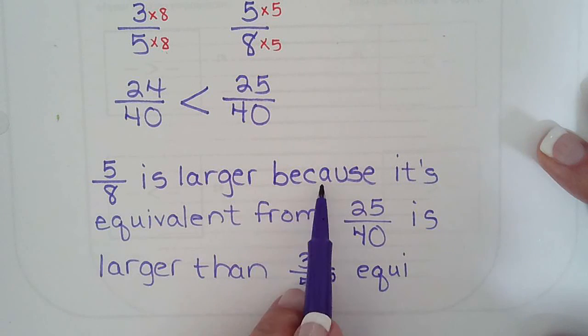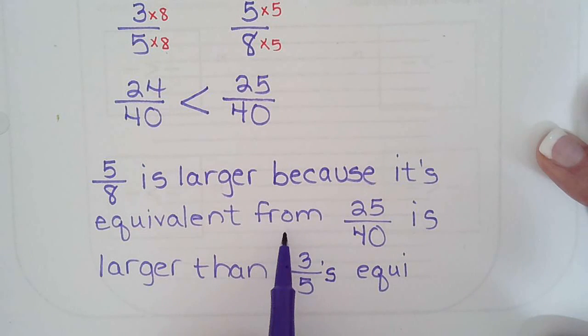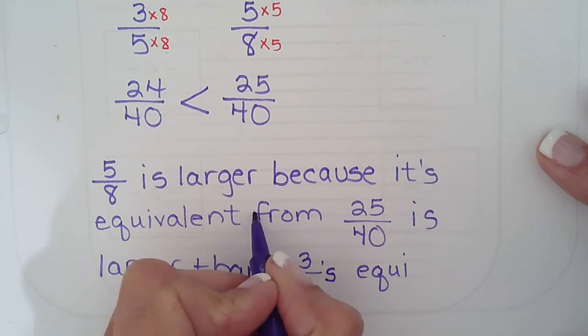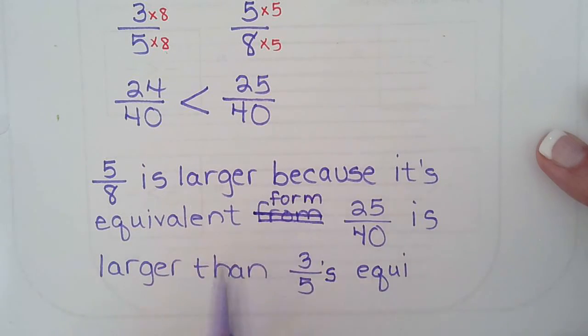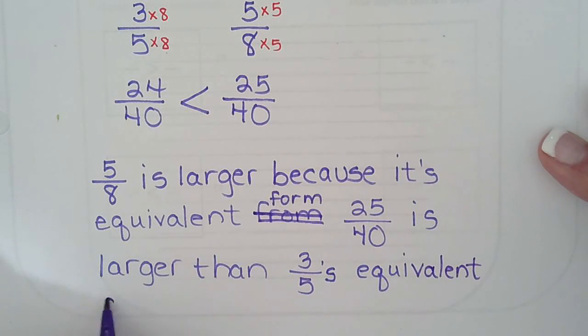5/8 is larger because its equivalent fraction, oh wow, 5/8 is larger because its equivalent form, 25/40, is larger than 3/5 equivalent form, and 3/5 was 24/40.